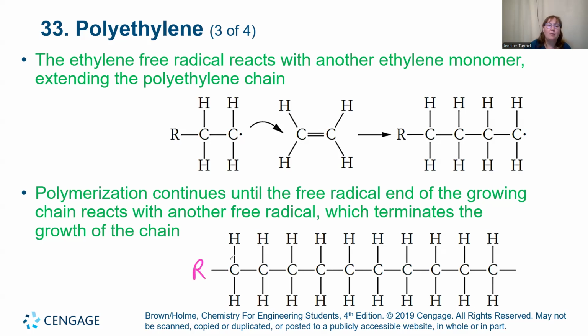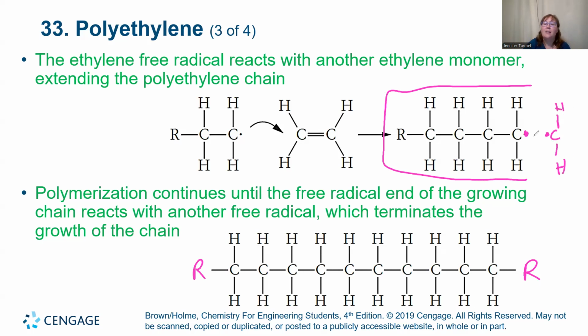So here's an R and here's an R, and two of these come together. This one with its dot attaches to another one with another dot like this. They come together and all of a sudden, boom, you have this whole thing. And that's how that gets terminated.